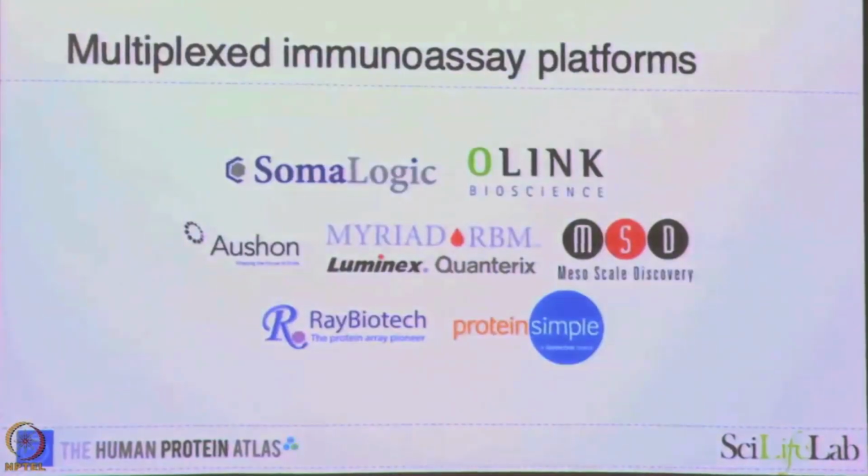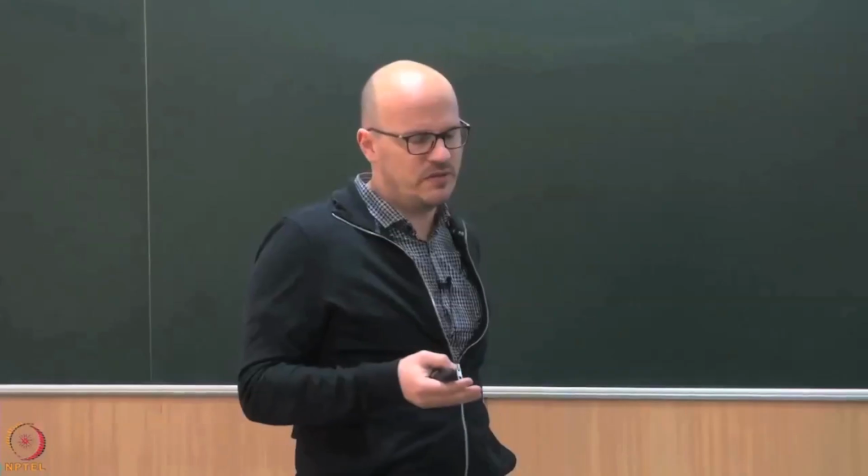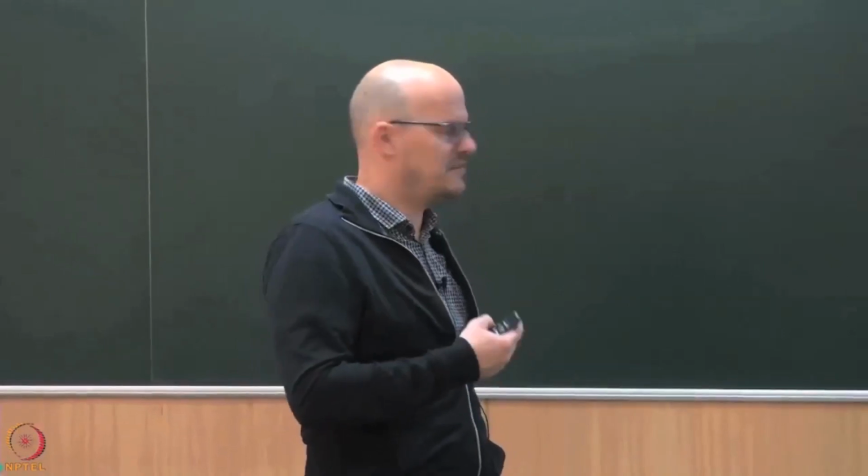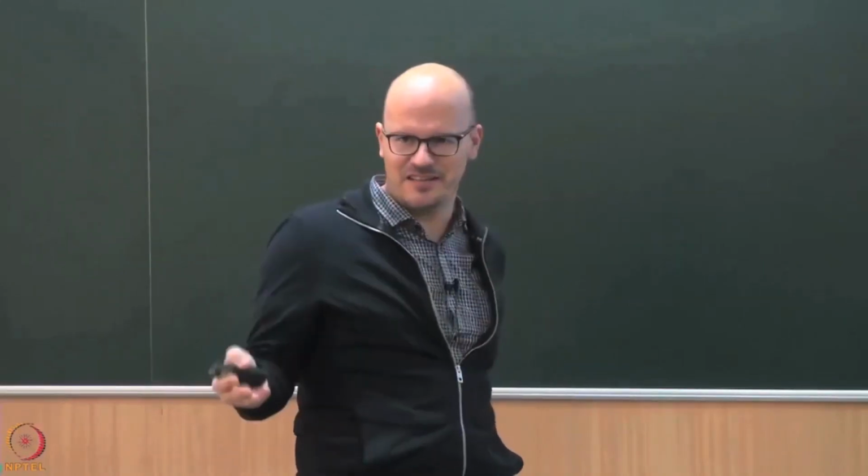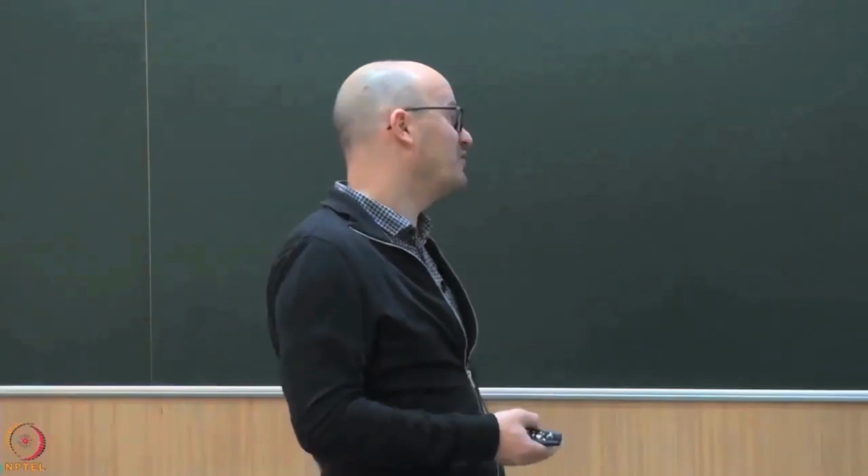So what we mostly work with, and this is what I'm going to talk about in the second part of my talk, but I have some more slides in between, is how we use different affinity-based methods to study the plasma proteome. And I think this is predominantly driven by companies nowadays selling kits. It's a bit different to what the mass spectrometry field is doing, where companies sell instruments, and then the academic environment has to take care of them.